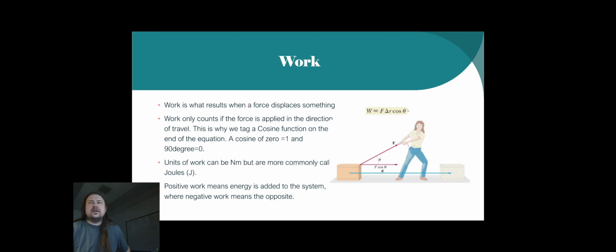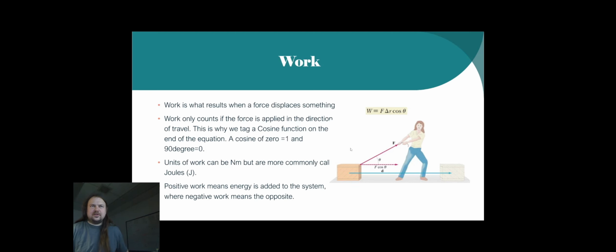The angle always depends on the angle between the two things that came before it. So in this case, our cos theta is the angle between the magnitude of the force, which would be up here, and delta r, which in this case would be d. And the angle between them would be that angle there, whatever that is.